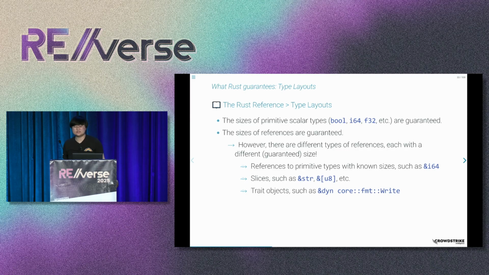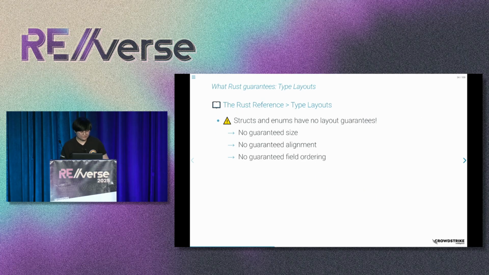Similarly for trait objects, because eventually we need to actually resolve that into some concrete type that we're dealing with, and we need to also resolve the methods that that concrete type implements to fulfill that trait. So there's also additional metadata there. So they're going to be larger than your plain old primitive type references. And of course, structs and enums have absolutely no layout guarantees about size or alignment or field ordering. The compiler can do whatever it wants.